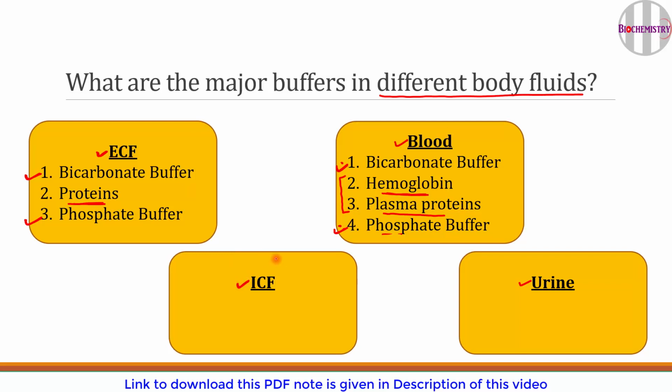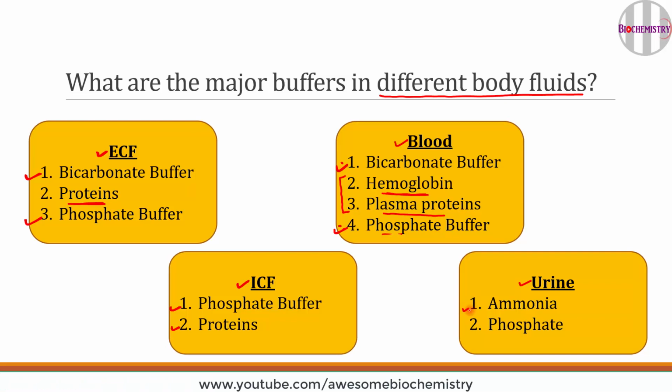In case of intracellular fluid, phosphate buffer becomes the most effective buffer, and on the second rank there is protein buffer. And in case of urine, we have two buffers, that is ammonia and phosphate buffer. We need to discuss all of these buffers, but these urine buffers are somewhat unique, so I will discuss them along with the renal regulation of pH, right?